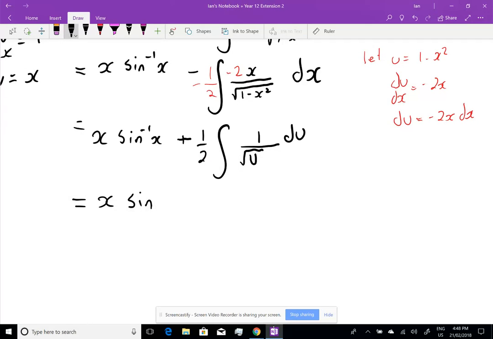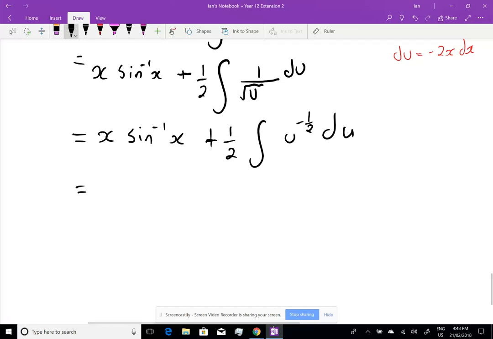x sine to the minus 1 x plus a half, the integral of u to the negative a half du, which is equal to x sine minus 1 x plus a half. Add 1 to the power of half, divide by that. Well, it's multiplying by 2. So 2u to the half plus some constant.